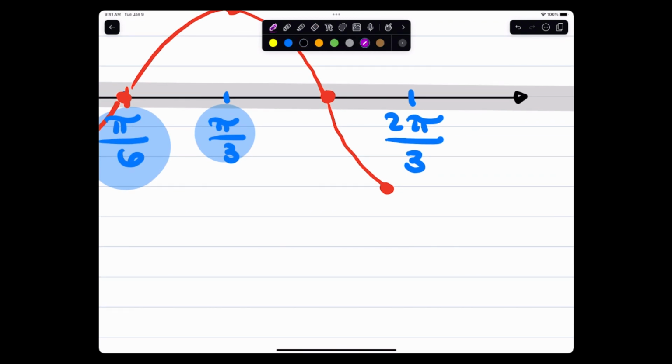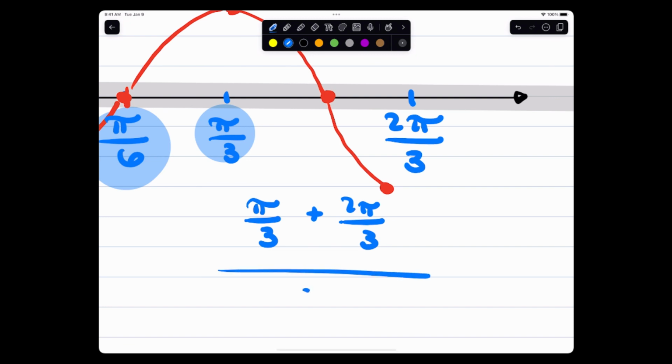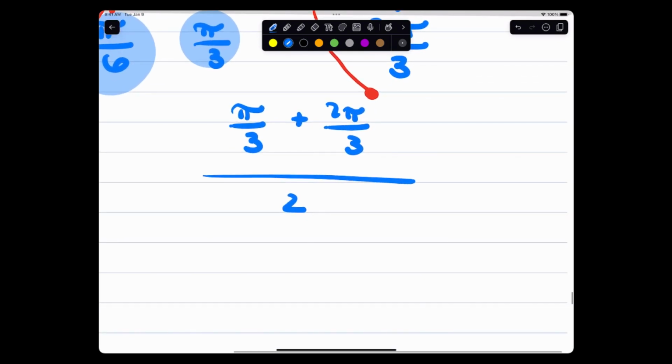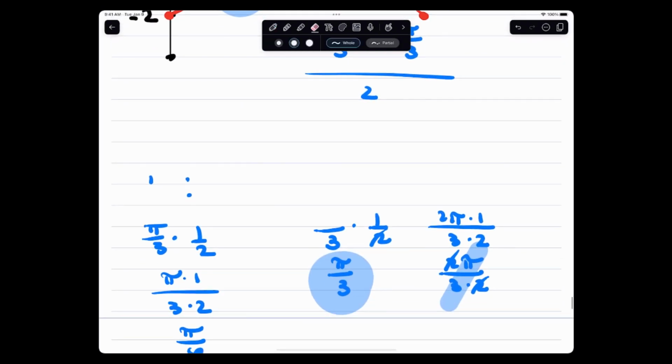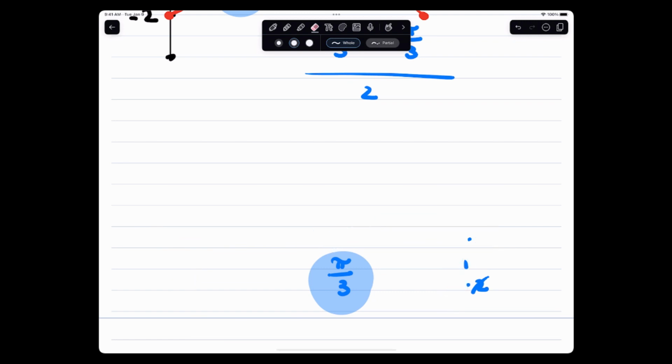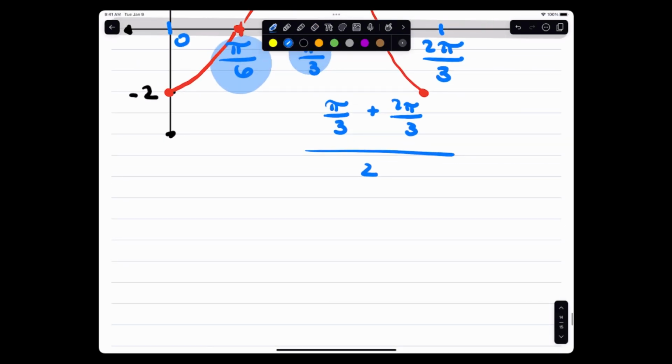And divided by 2. What does that give you now? Do you guys know? So what's this going to be?